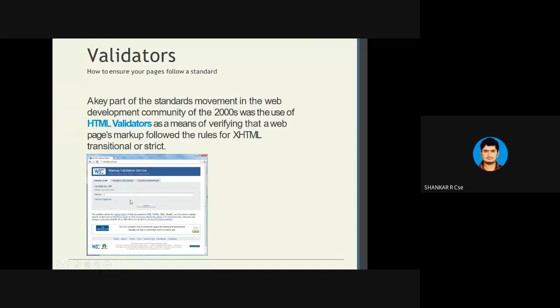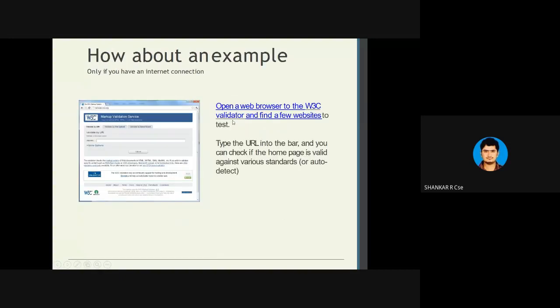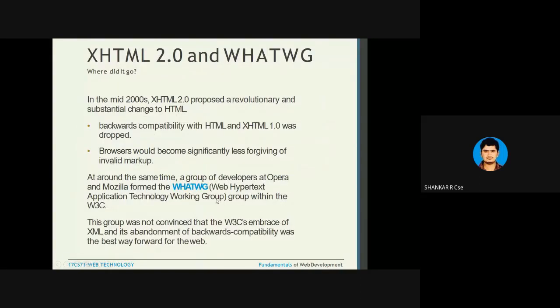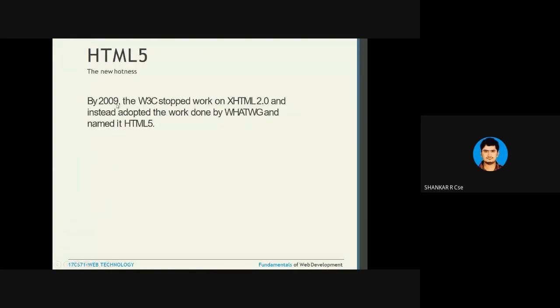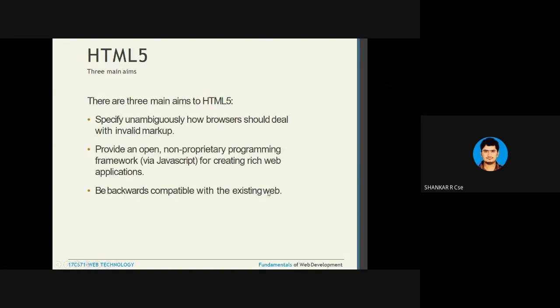Click the second button, upload your file, and you will get all the warnings and errors. And in 2009 we have HTML5. HTML5 goals: specify unambiguously how browsers should deal with invalid markup, provide an open non-proprietary programming framework for creating rich web applications, and be backwards compatible with the existing web.